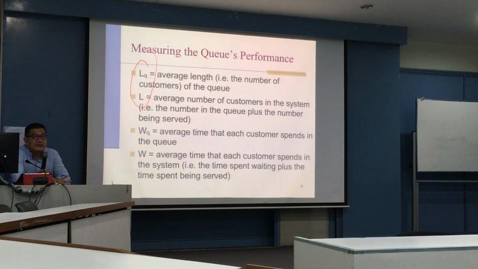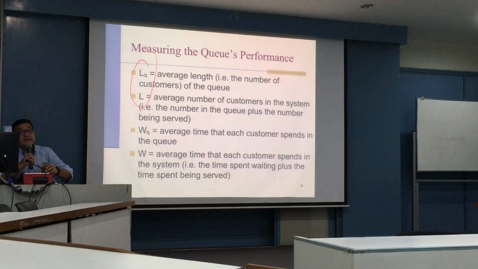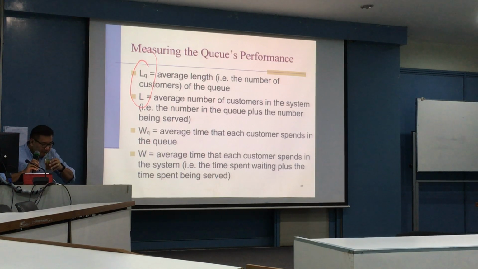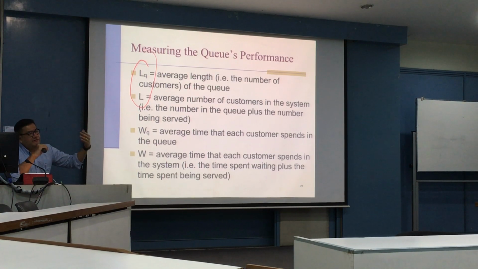But on the other hand, L has no subscript Q. So in terms of L, we talk in terms of the system. L is the average number of customers in the system.